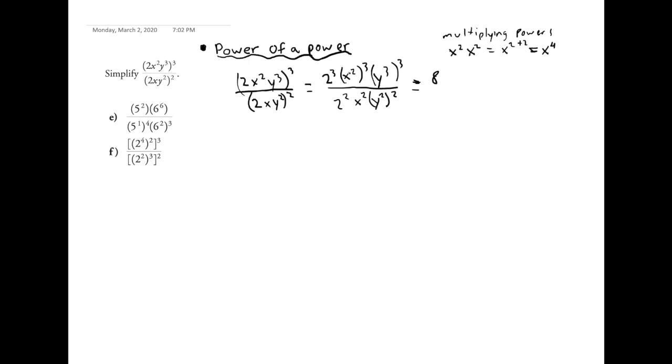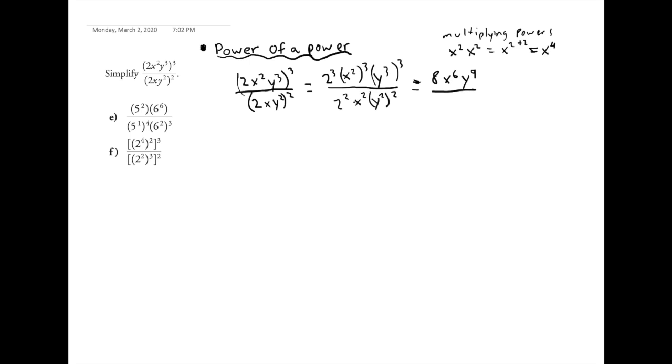You just multiply the exponents. So 2 times 3 gives you 8x to the power of 6, and then y cubed: you multiply 3 by 3, so you have y to the power of 9.